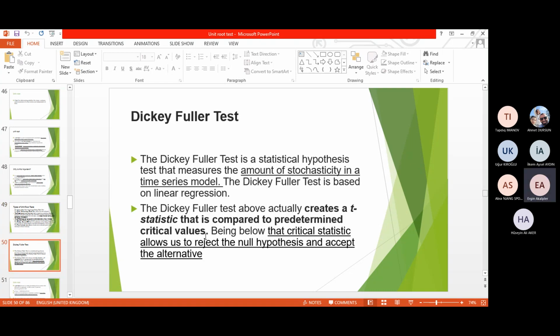The Dickey-Fuller test is a statistical hypothesis test that measures the amount of stochasticity in a time series model. The Dickey-Fuller test is based on linear regression, and creates a t statistic that is compared to predetermined critical values. Being below that critical statistic allows us to reject the null hypothesis and accept the alternative.